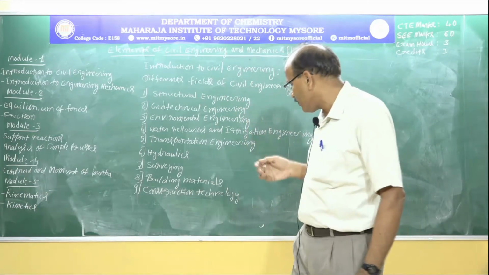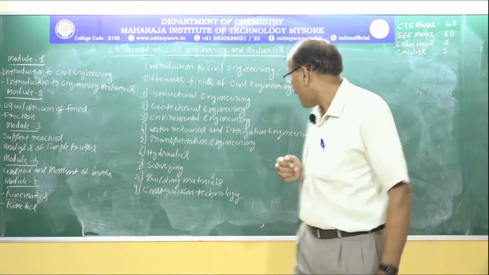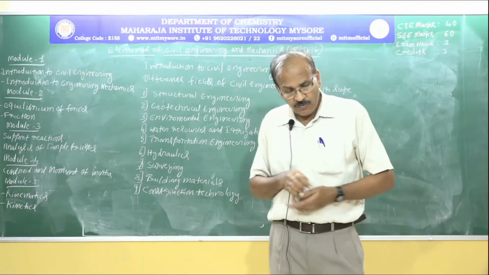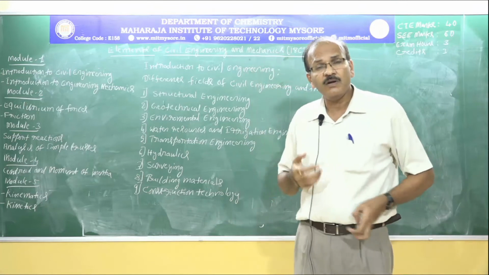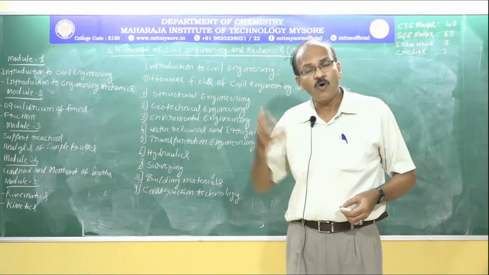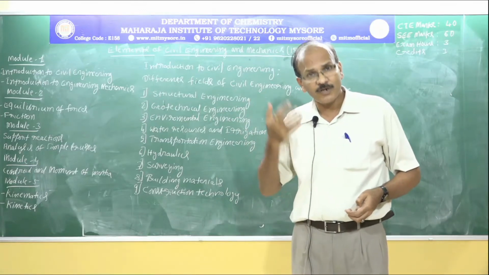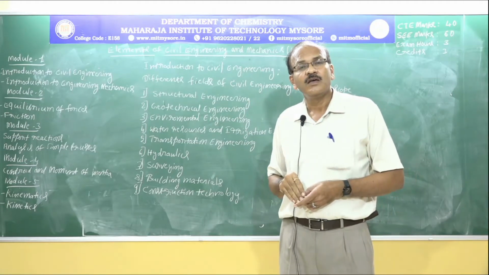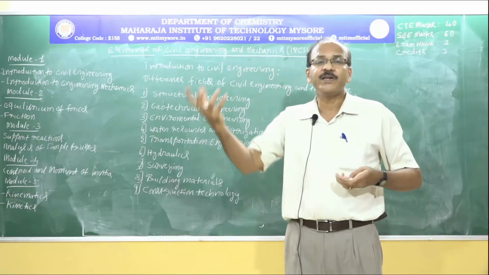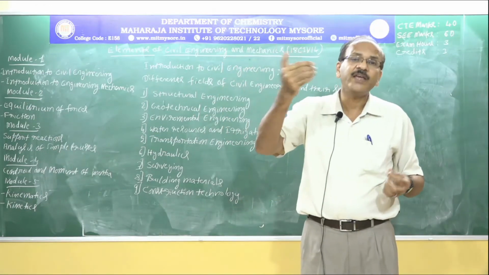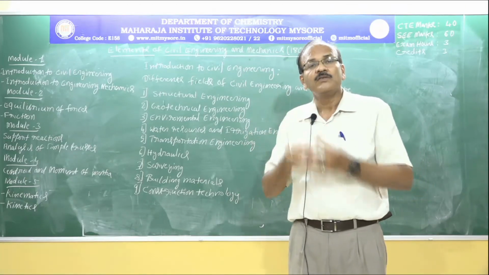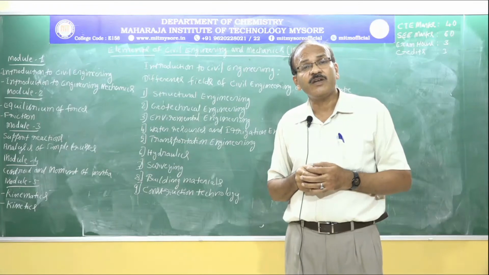In this subject, water resources and irrigation engineering, we are going to study the rainfall and the pattern of the rainfall, how much water we are going to get, and what the catchment area is, if you are constructing a dam, which is feeding that particular reservoir, so that we can know the capacity of the reservoir.